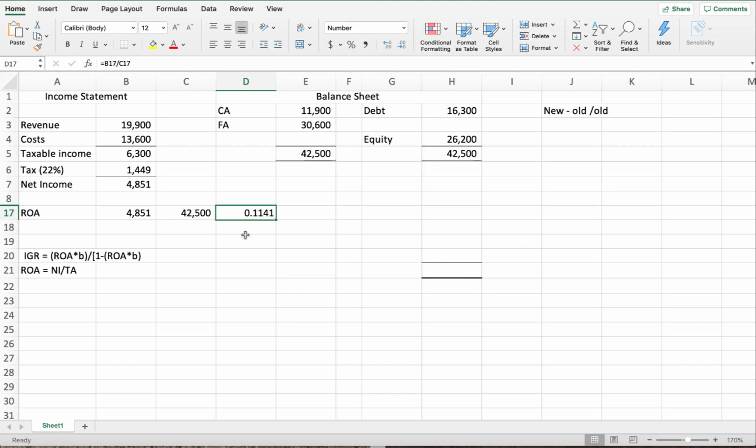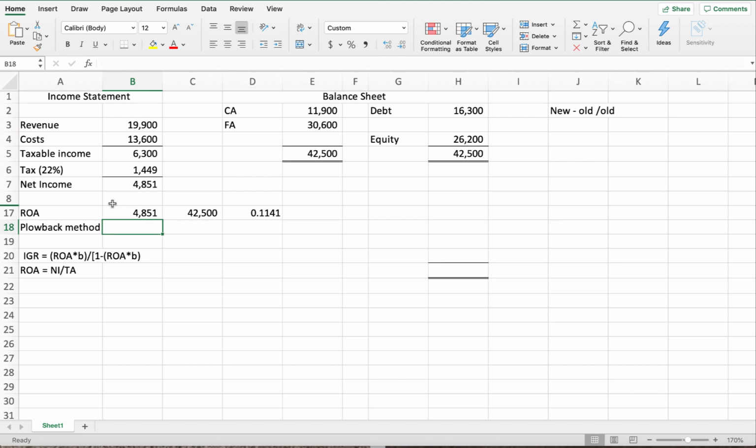So now we can go ahead and calculate, but before we do that, we need to talk about the plowback method, right? What exactly is the plowback method? Well, the plowback method is 1 minus the dividend payout.